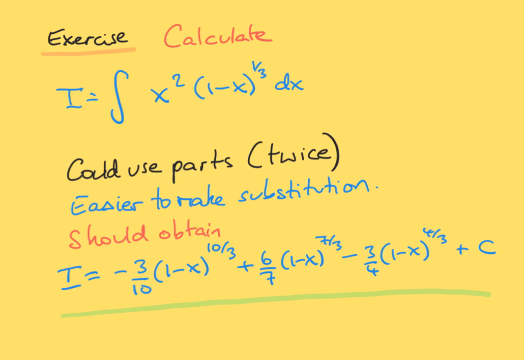So, okay, here is the hint. What you're going to do is make the substitution that u is 1 minus x, so that means that x is 1 minus u, so x squared is 1 minus u all squared, and you expand it. When you expand it, you're going to get 3 terms.